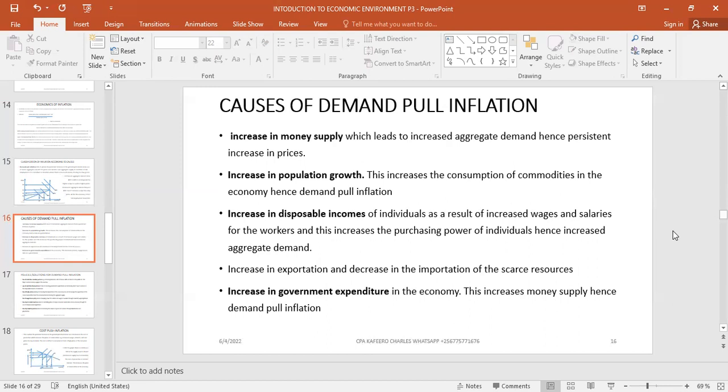The other thing we can talk about is increase in the government expenditure. This government expenditure may be in form of, let's say, the government subsidizing the investors, the customers, and giving them something. When they give them something, we expect that what they are giving back to the public is going to increase the money supply.